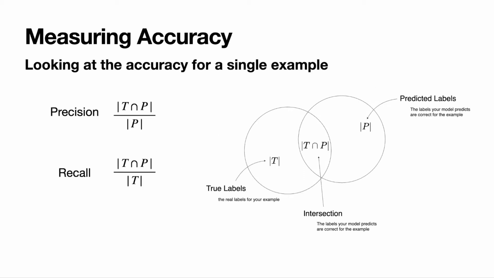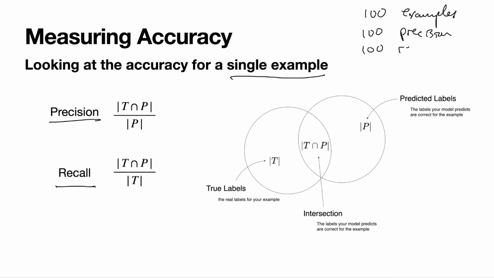Measuring accuracy. Looking at the accuracy for a single example, we have to calculate the precision and recall for each example. So if we have 100 examples, we have to calculate 100 precision values and 100 recall values. To get the precision value, we calculate the intersection of our true labels with predicted labels.